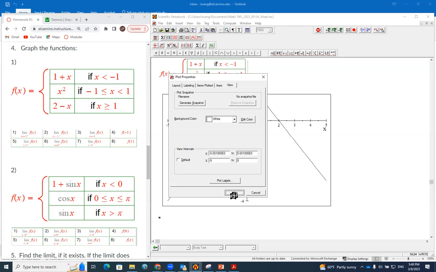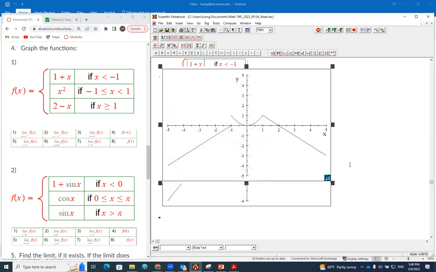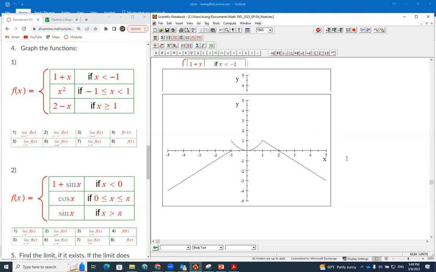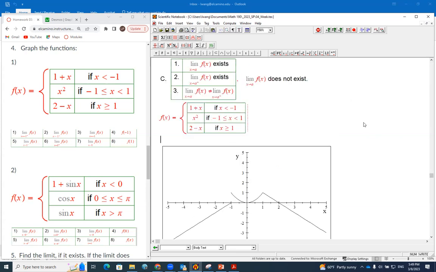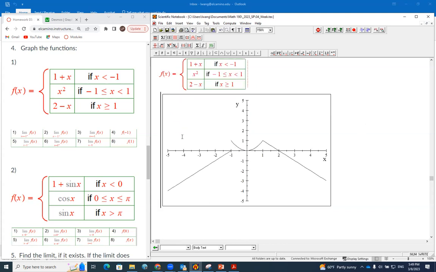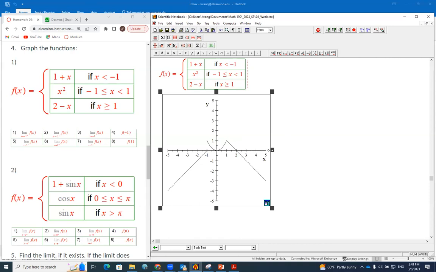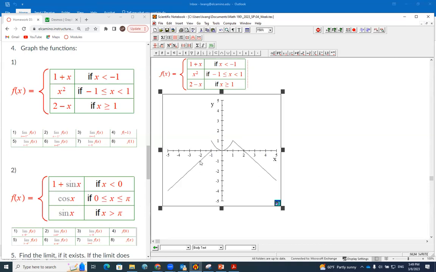Okay, I need to do some additional modification, adding certain things.